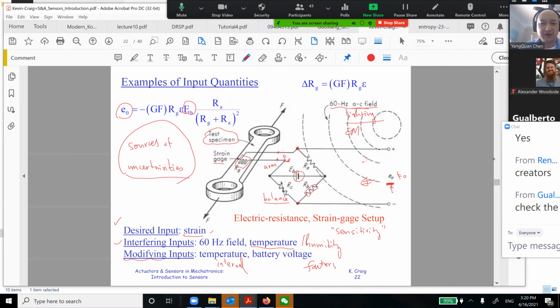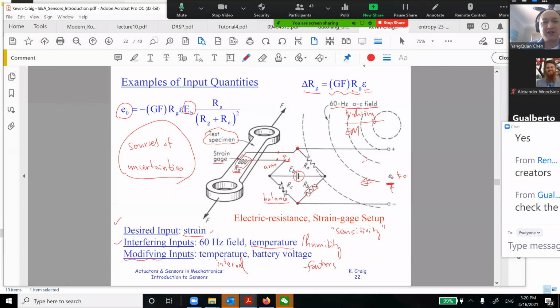So this epsilon is something we want to measure, okay? According to the material, it's proportional to the strain. So these are proportional coefficients. Then you have a change in the RG. RG is a strain gauge resistor, okay?